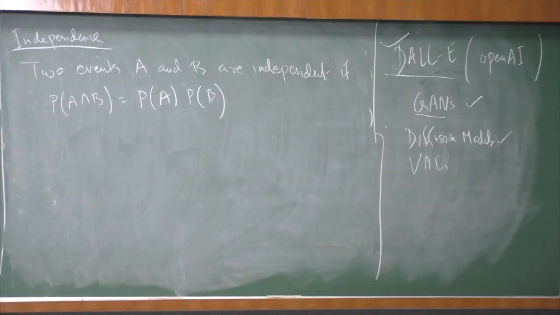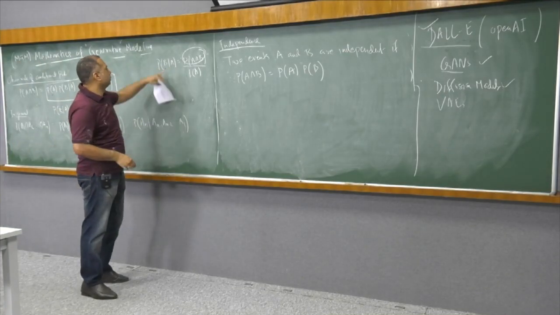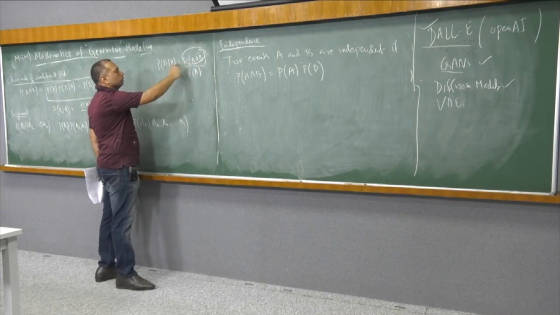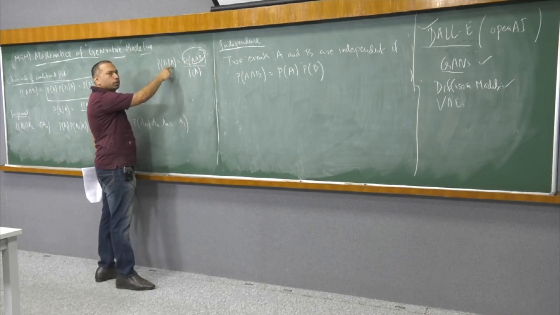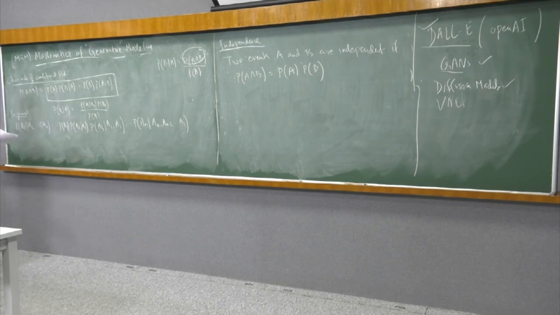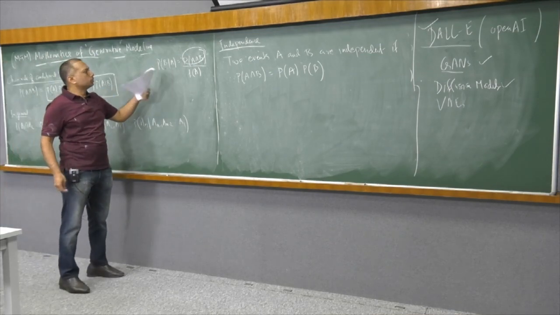So this is how we define independence, and if that is the case, then from this formula we can see what it implies. A intersection B is probability A times probability B, so probability A gets cancelled. So probability B given A just becomes probability B. This means A had no role. I was given A, but it didn't affect the probability, didn't reduce the sample space on which B depends. So that's what independence means.